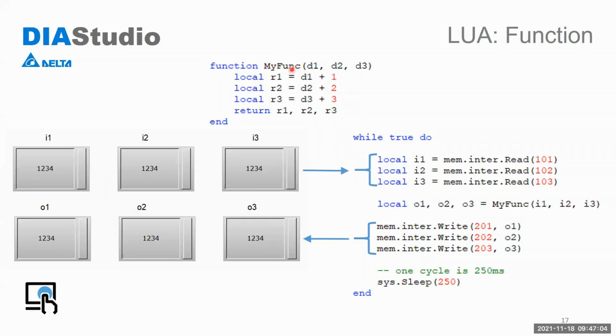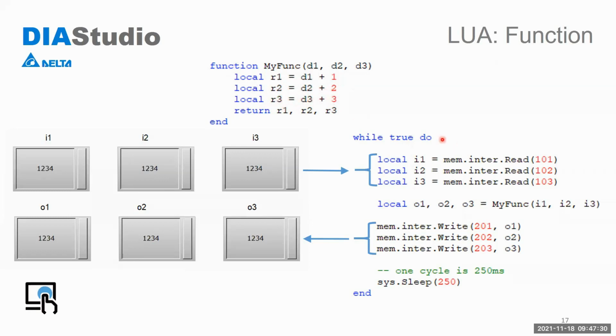It has 3 parameters, 3 input arguments: D1, D2, and D3. And what we do inside of this function simply is to create R1, R2, R3, which will be the return parameters. R1 will be equal to D1 plus 1, R2 will be equal to D2 plus 2, and R3 will be equal to D3 plus 3.